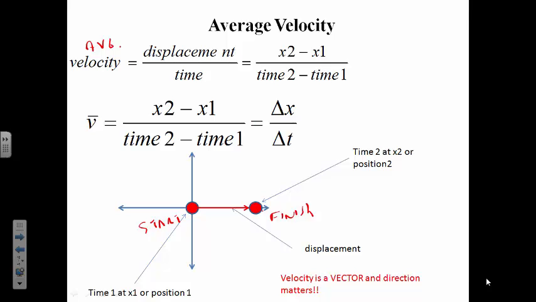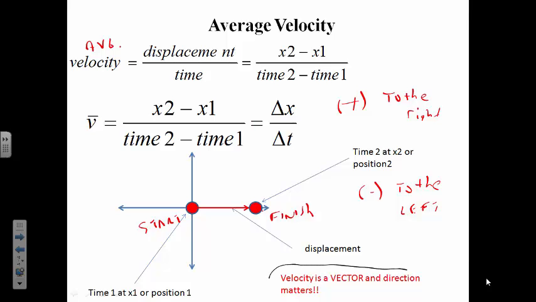So what we see is our average velocity, because it's a vector, it can be positive or negative, and if it's positive, as we said before, that means you're moving to the right, and if it's negative, it means it's to the left. And so now note that velocity is a vector and the direction matters.